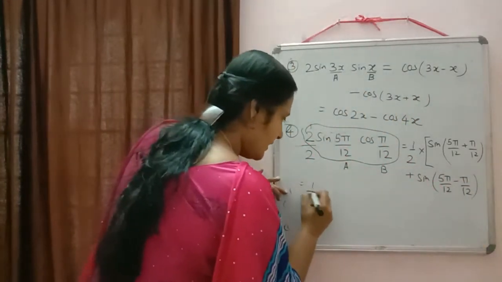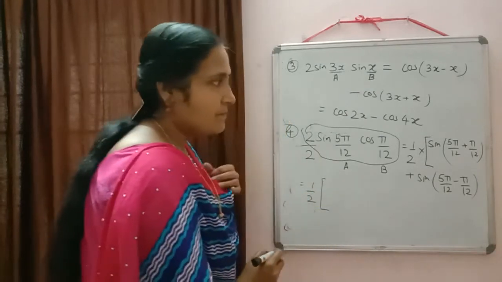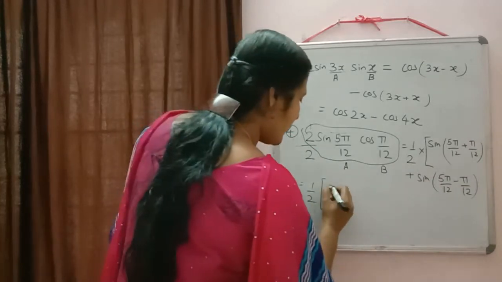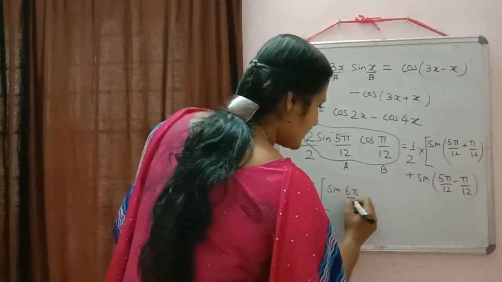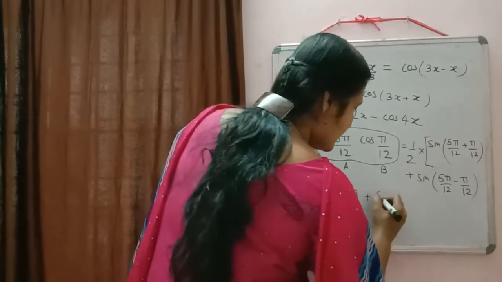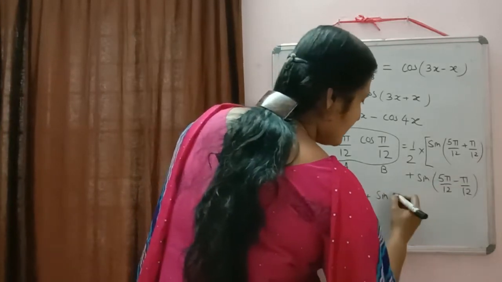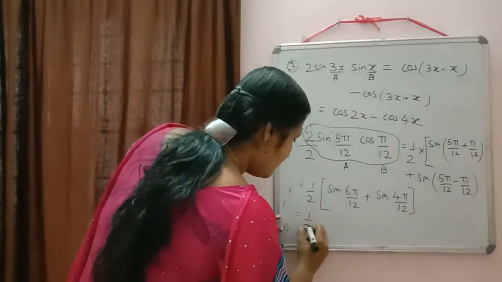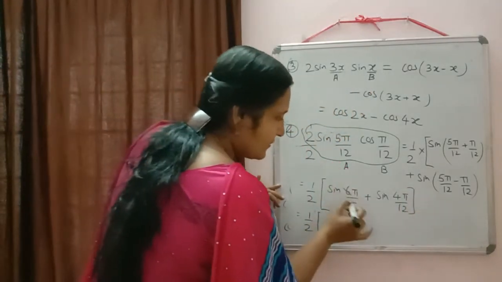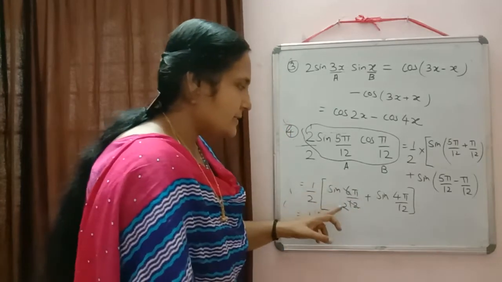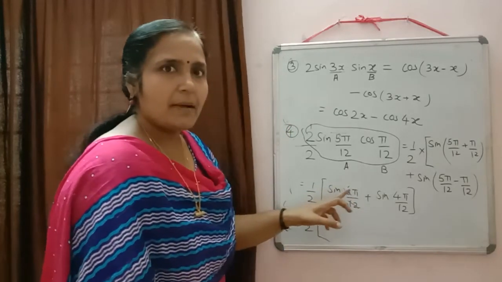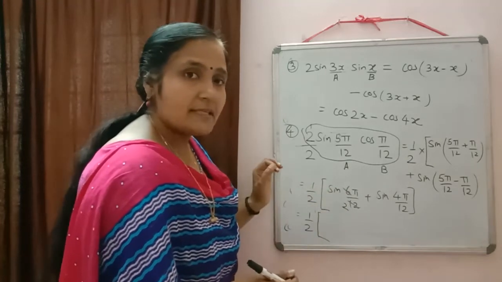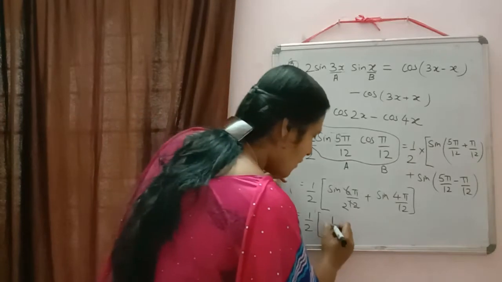Now we will simplify it. 1/2 into sin(6π/12) + sin(4π/12). So 6 and 12 we can cancel, so we are getting sin π/2. Sin π/2 is sin 90 degree, and the value of sin 90 degree is 1.